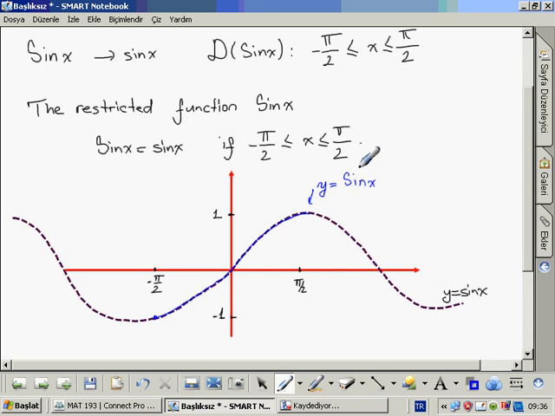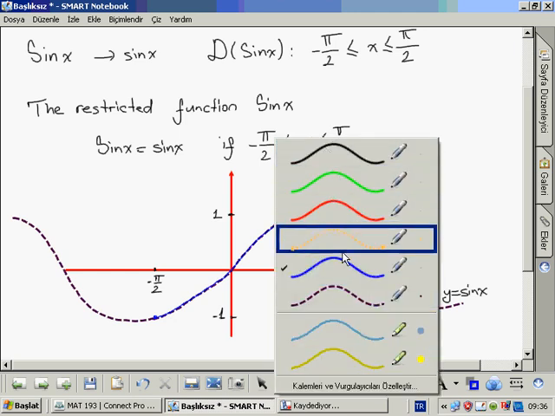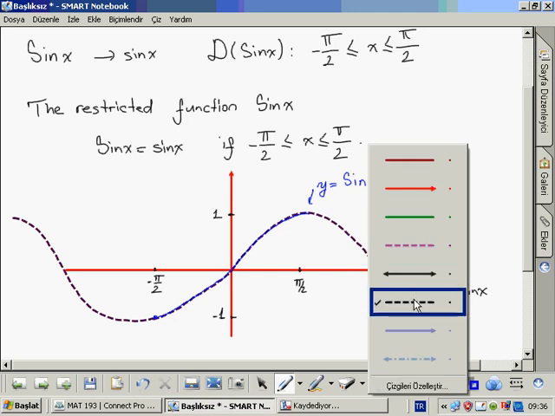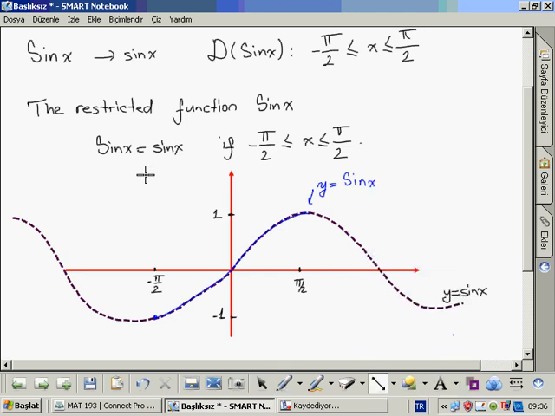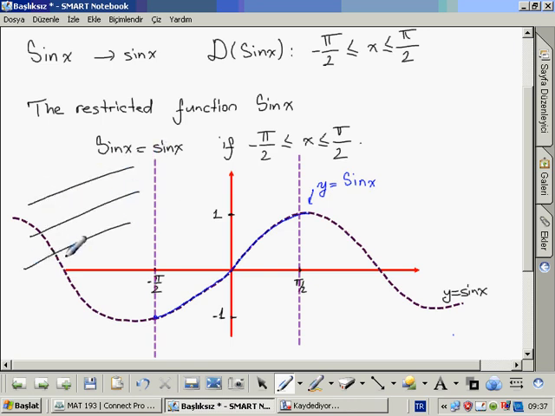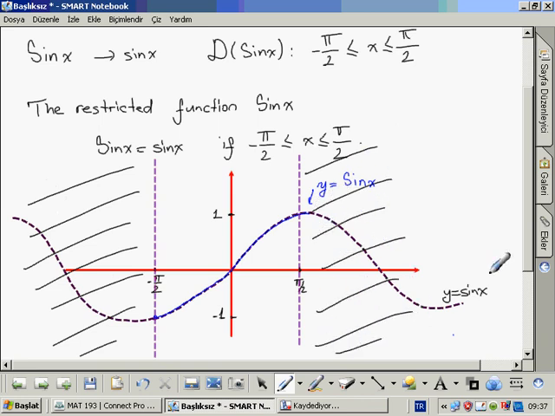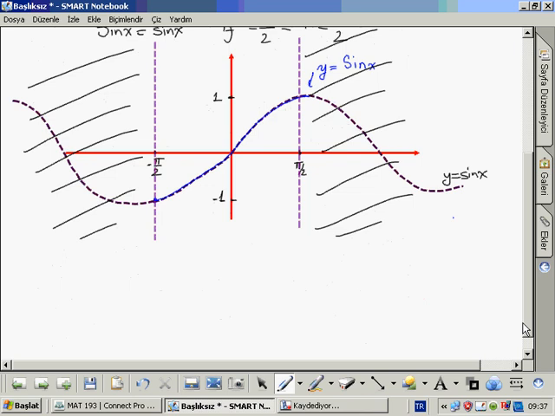That means we will omit these parts: the left hand side of minus pi over 2 and the right hand side of pi over 2 we will omit for this restricted function.